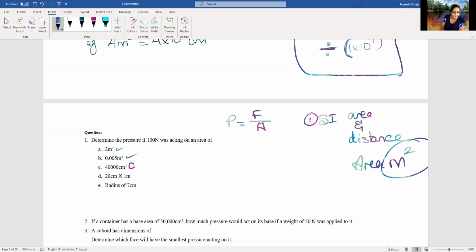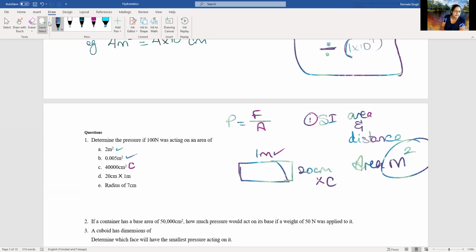D, we have 20 centimeters by 1 meter. So that's basically going to give us a rectangle of 1 meter by 20 centimeters. Meters here, that's an SI unit. Centimeters here is not an SI unit. So we are going to have to convert this to SI unit.